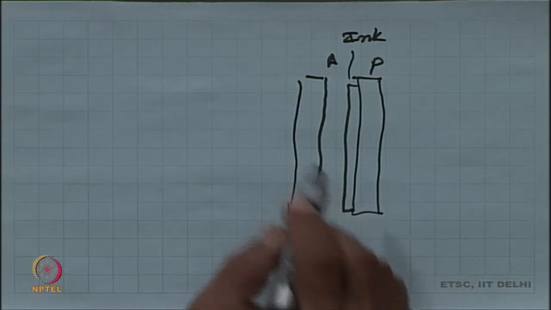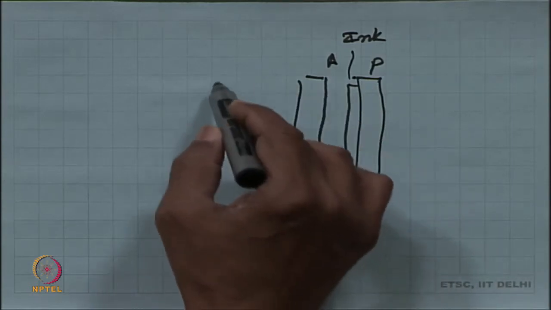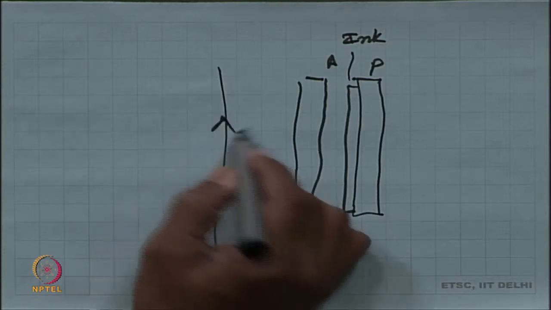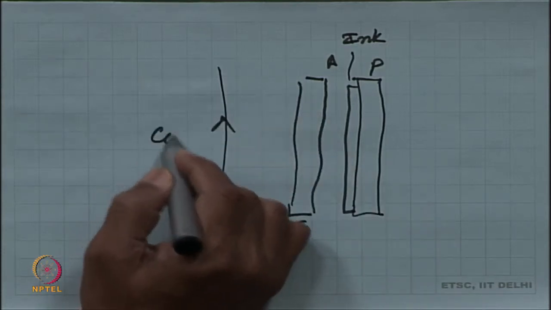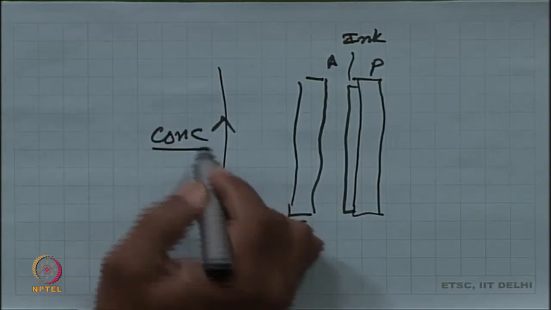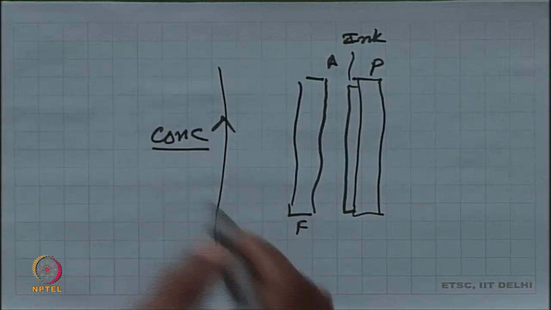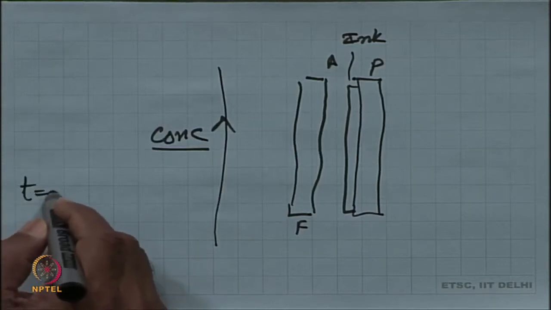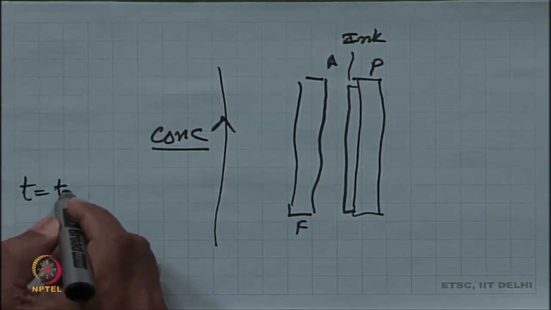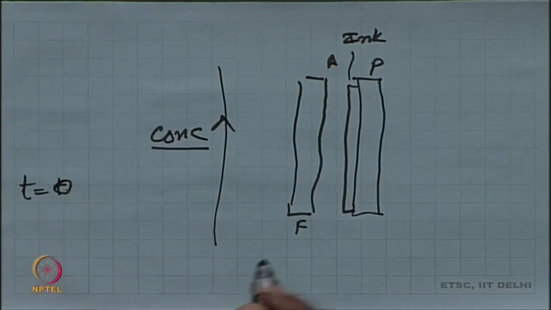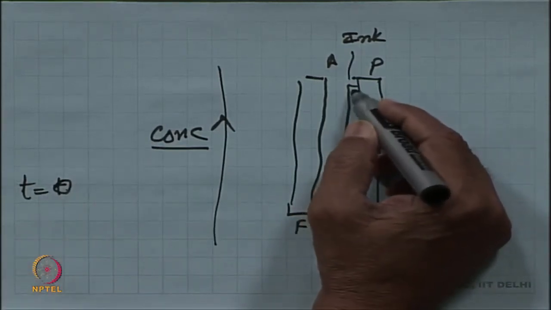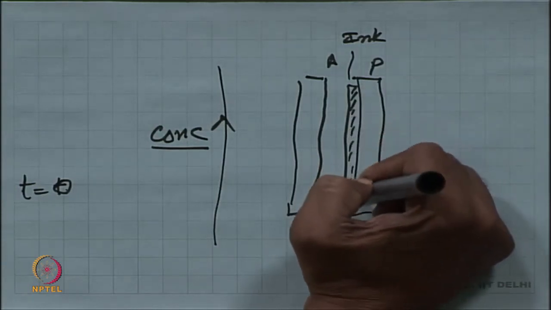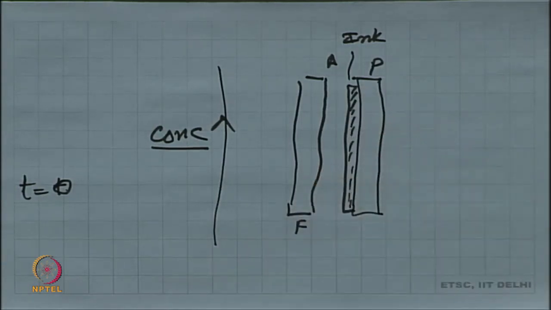Now, if you assume this, an interesting way to look at it is that you consider this as the axis which is representing concentration. So, at a given time t equal to 0, all the dye is here in the ink layer.